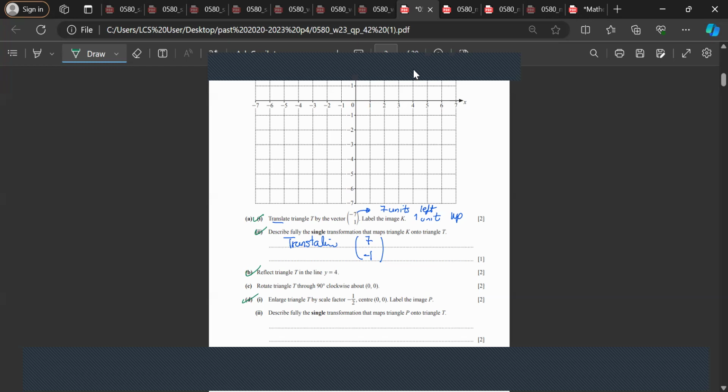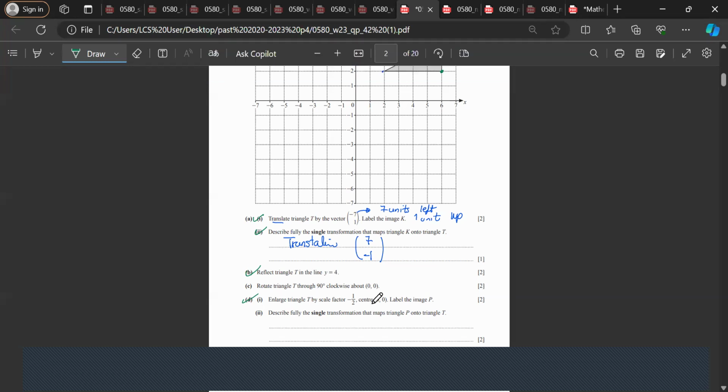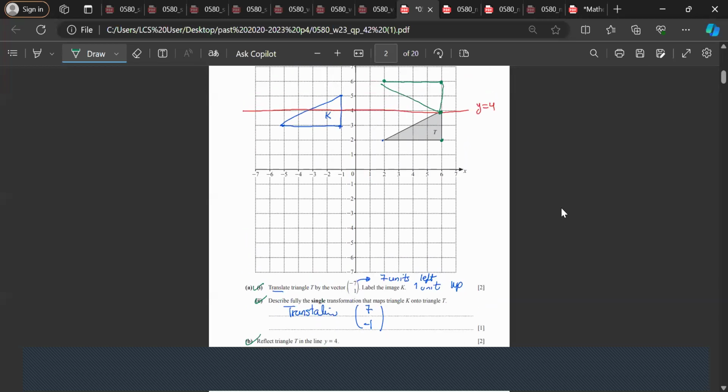But if the center is only (0, 0), that means I can do it directly, in a mental way. Otherwise I do the enlargement with the ruler and compass, but you can still do it that way. It's up to you.